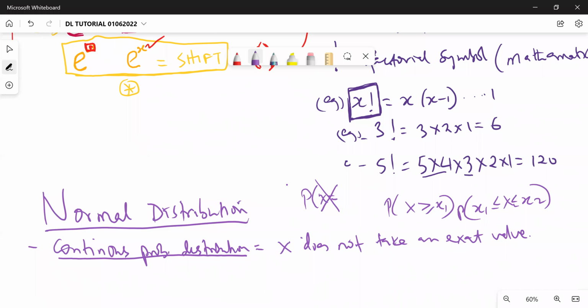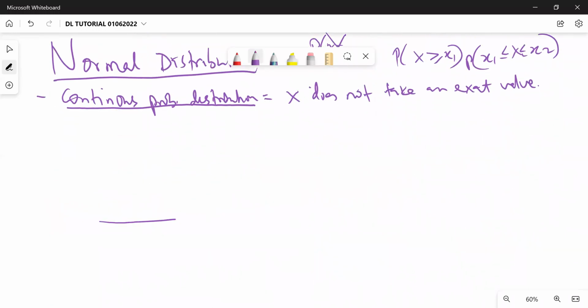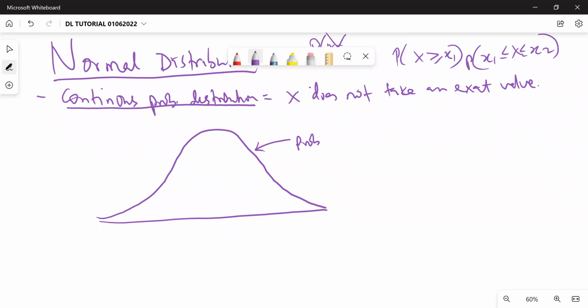So this kind of distribution has a graph which looks like this. It has a beautiful graph which looks like this, where this is the probability curve. If you plot the probabilities, that's what you'll get.